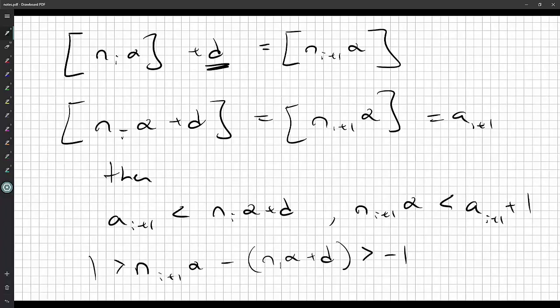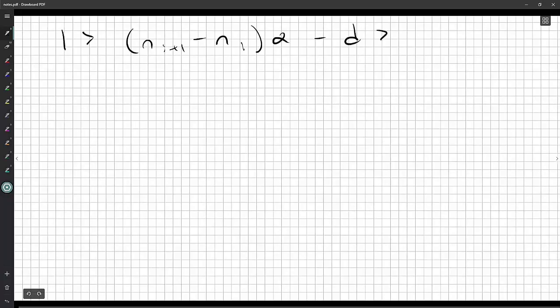And that's about it. But then we can regroup and say n_{i+1} minus n_i times alpha minus d is less than negative 1. And then I guess we could add d to both sides, but I'm not seeing exactly where this goes.